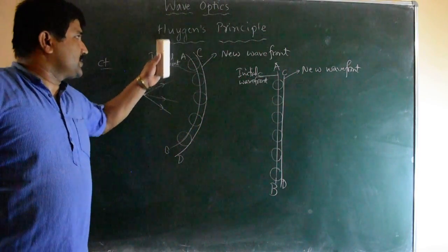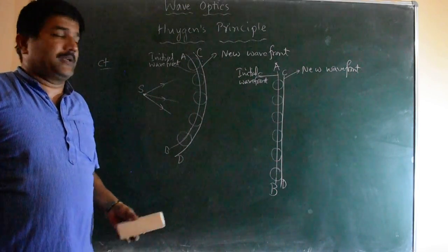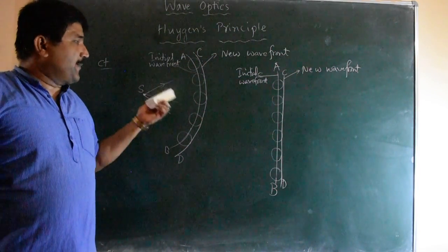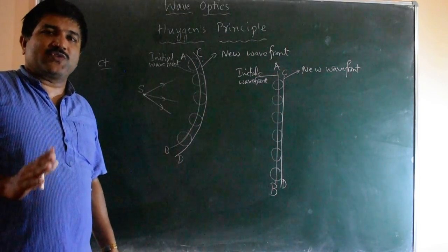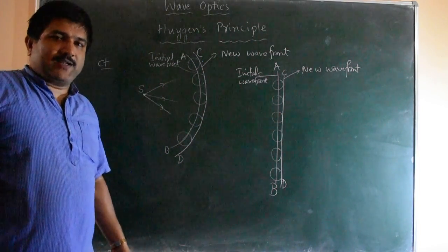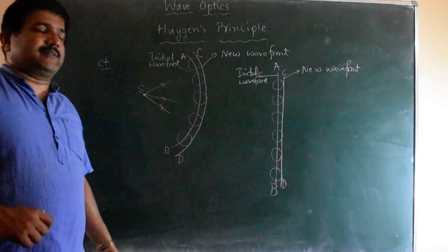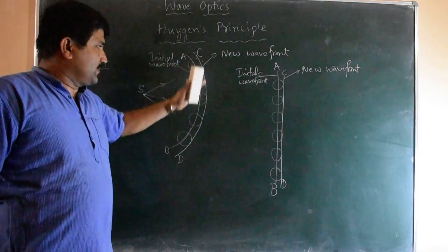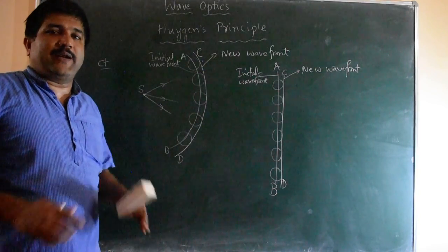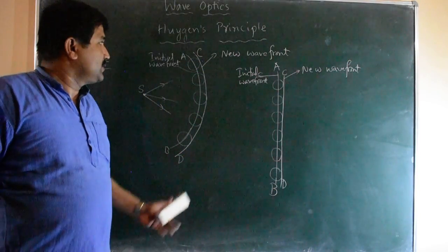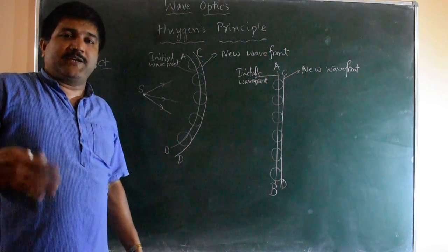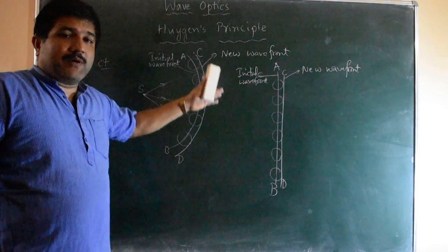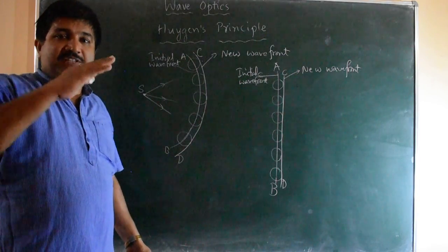So let me repeat the statement. Huygens principle states that every point on the wavefront is a source of secondary wavelets. The secondary wavelets originating from this primary wavefront advance in all directions. The position of the new wavefront at any time is obtained by drawing a tangential surface.